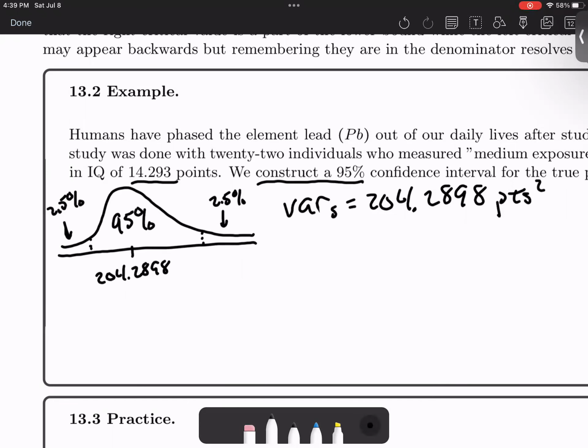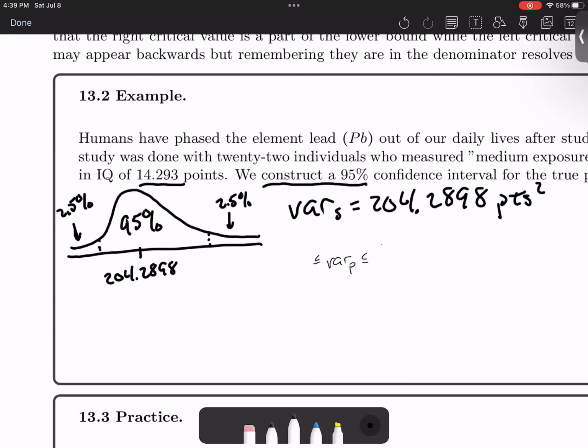And the equation is: the variance of the population, the true variance, is somewhere between n-1 times the variance of your sample divided by a chi-square left value, and n-1 times the variance of your sample divided by a chi-square right value.